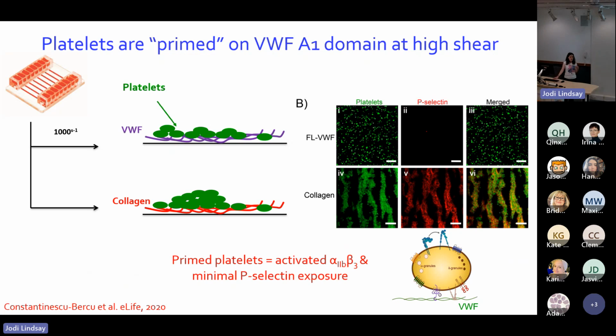We also looked at the expression of P-selectin, which is also a marker of platelet activation, and we could not detect any P-selectin on VWF-captured platelets. However, on collagen-captured platelets, you had strong expression of P-selectin. So this is where the term primed platelet was born, to describe the expression on the platelet surface of activated alpha 2B beta 3, but with minimal P-selectin exposure.